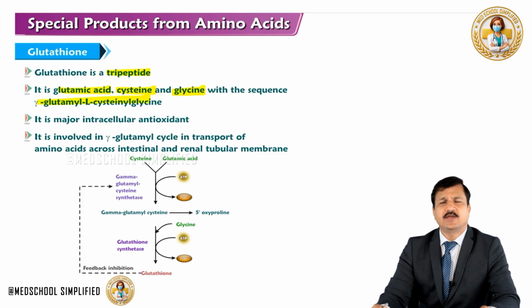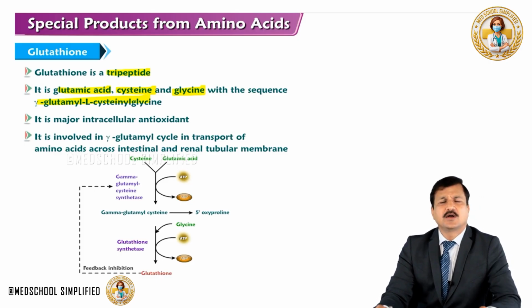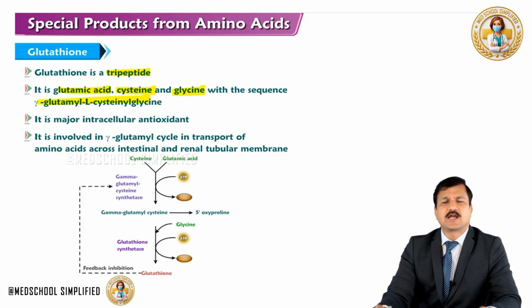Glutathione has a thiol group, the cysteine having an SH group, and that H can be donated in neutralizing reactive oxygen species. Let's first see how glutathione is synthesized, and then I will explain how exactly it participates in neutralizing hydrogen peroxide so that a hydroxyl radical or free radical is not synthesized.